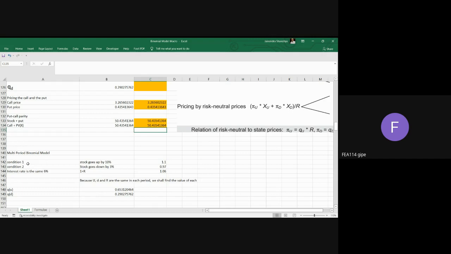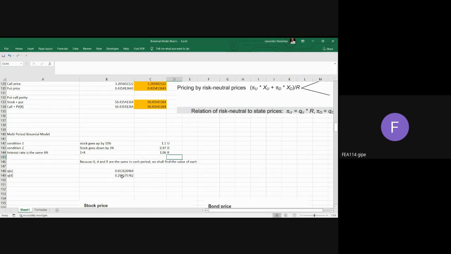So here we are going to solve for two periods. The condition is the same. Stock goes up by 10%, so U becomes 1.1. Stock goes down by 3%, so D becomes 0.97. And the interest rate is 6%, so R becomes 1.06. Basically qU and qD remain the same.